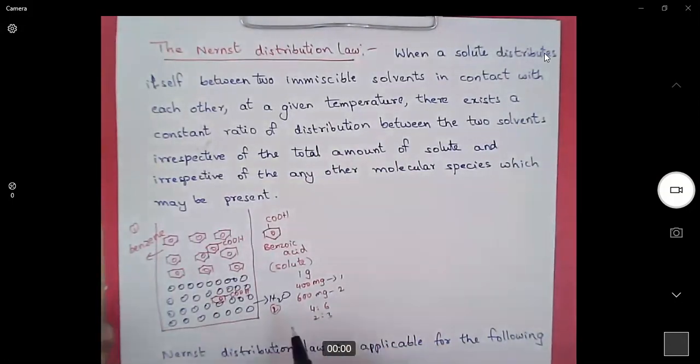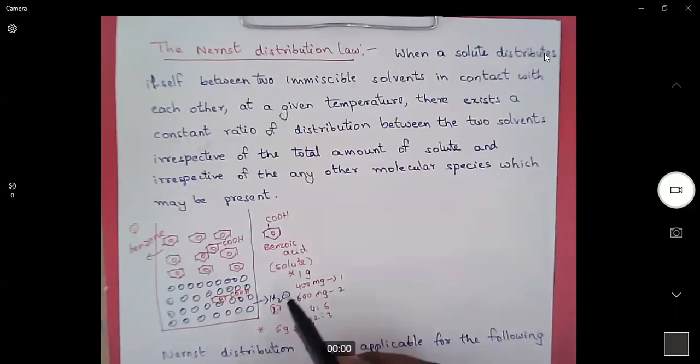Now, if we add 5 grams, then these 5 grams will be distributed in the ratio of 2:3. That means 2 grams will be distributed in the benzene layer, 3 grams will be distributed in the water layer.